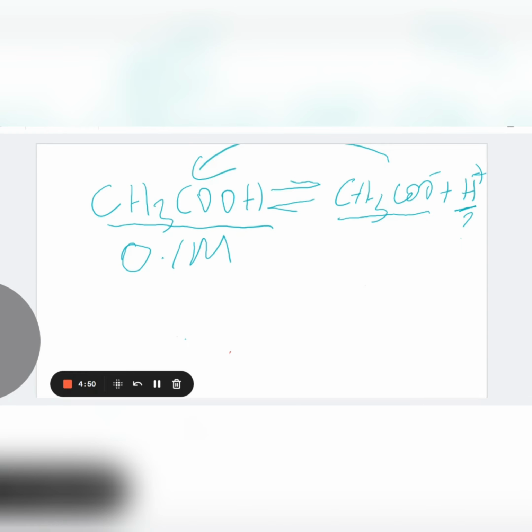So you can't say for certain how much H plus ion or ethanoate ion is present at a given time. But because it's a weak acid, you can reasonably assume that the amount of dissociation which occurs, so the concentration there is 0.1 and the dissociation is X, is almost negligible.